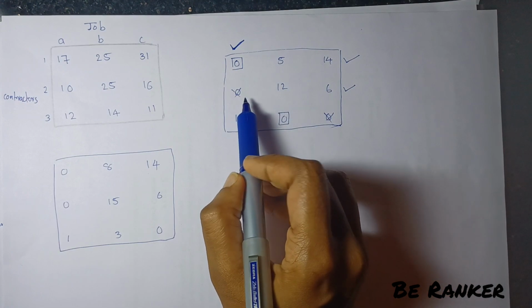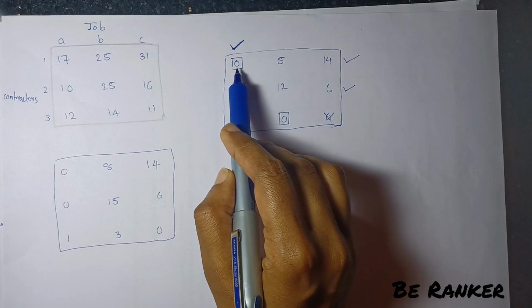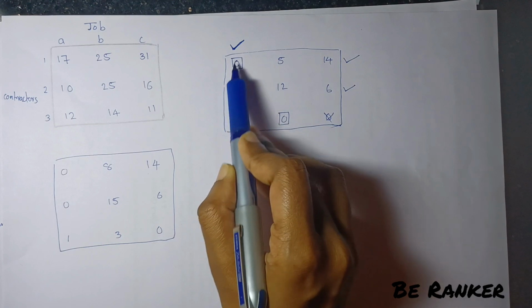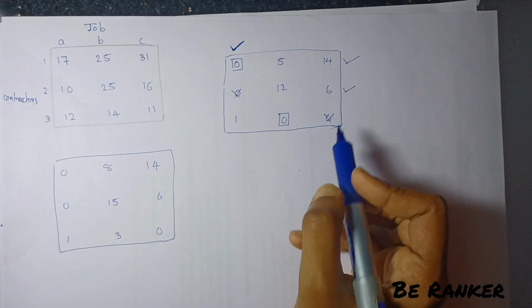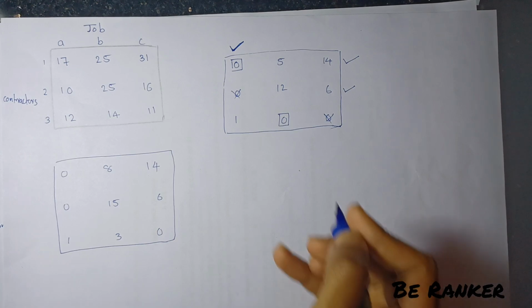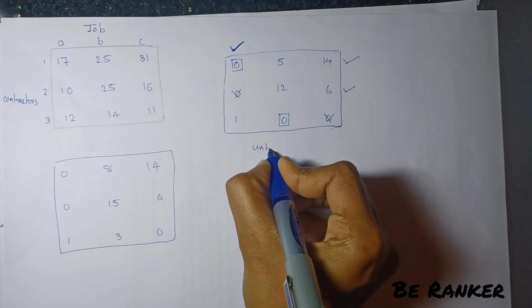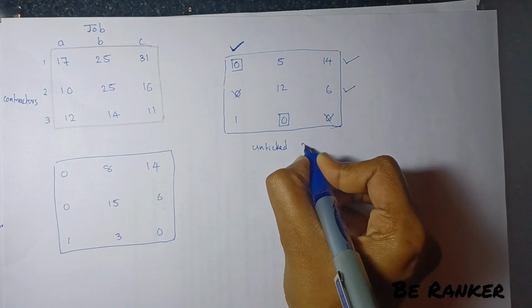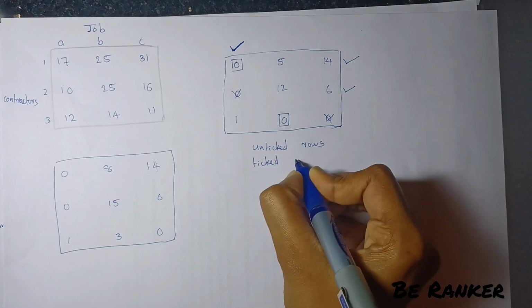Then pick the column which has a 0 in that row. Then pick the row which has the assigned 0 in that column. Then the next step is to draw lines through the unpicked rows and picked columns.